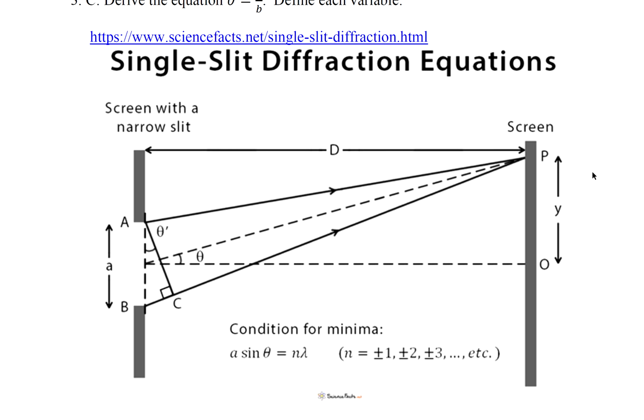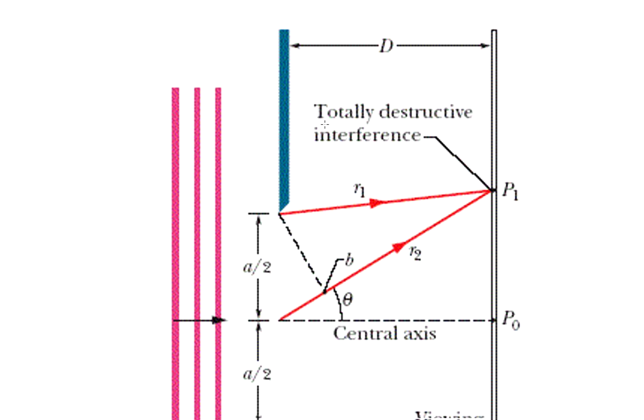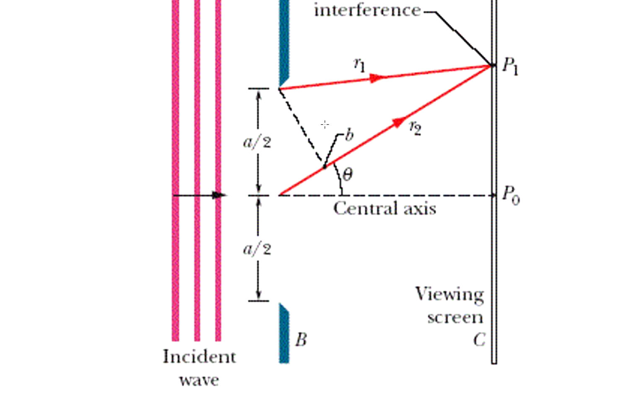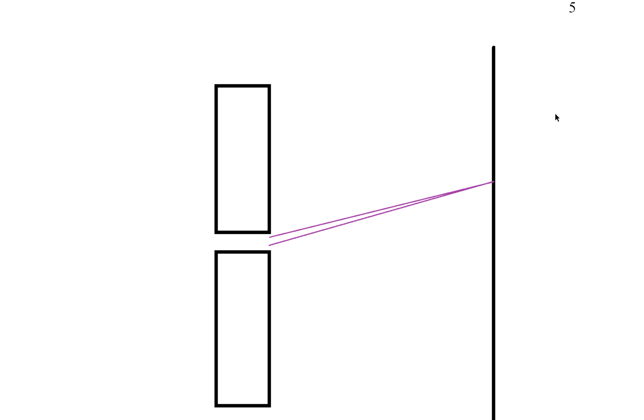Okay, so check this out. These lines AP and BP are almost parallel to each other if the distance between the screen and the slit, big D, is big. So this is not a good image, but this is better.